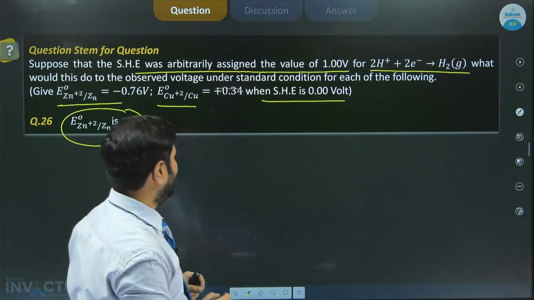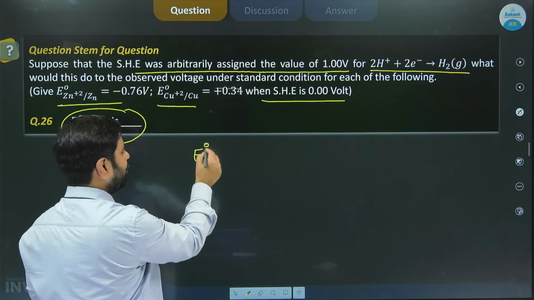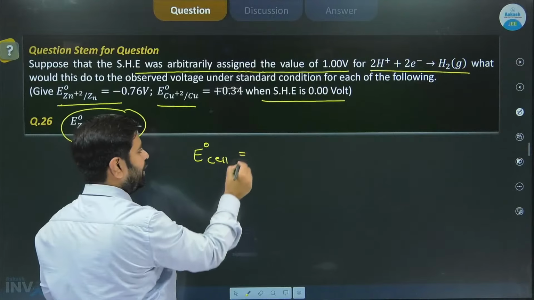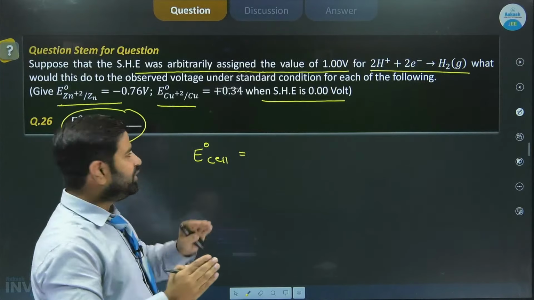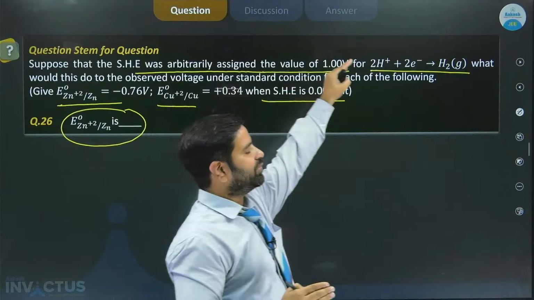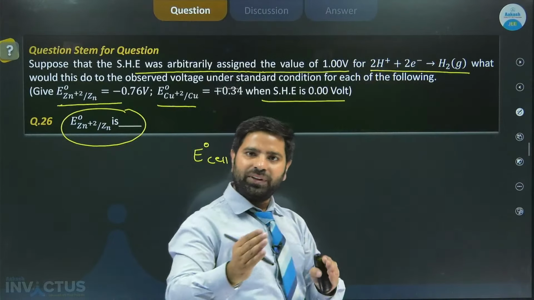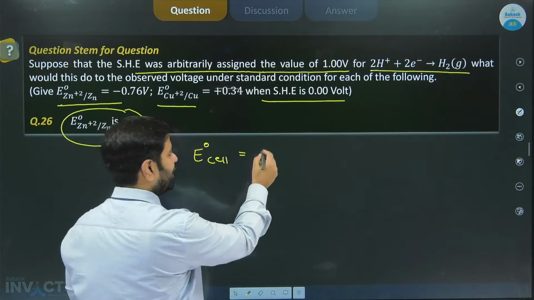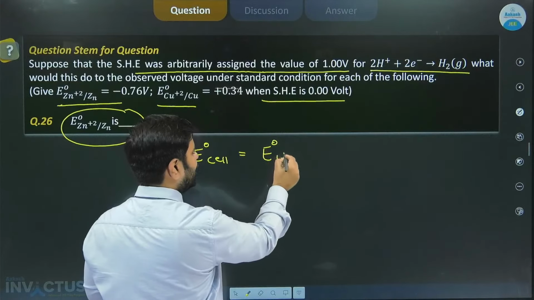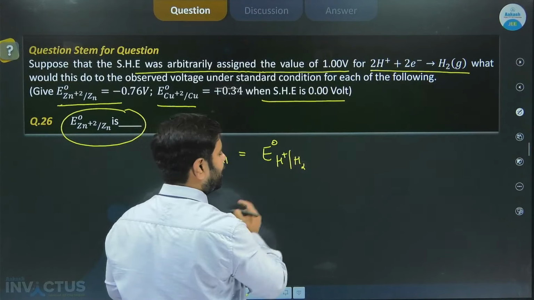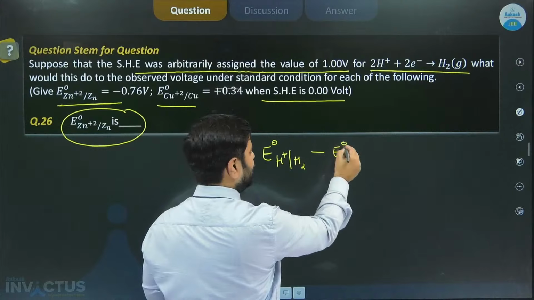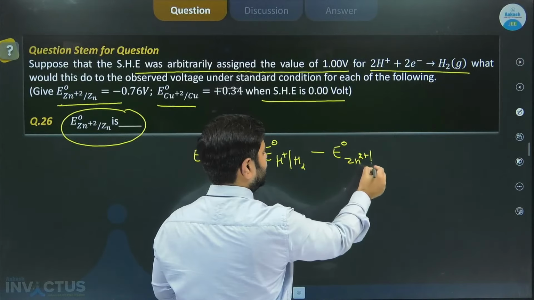Now, what is the formula for E0 cell? If we are making a cell with the Zn electrode and the standard hydrogen electrode, the formula of E0 cell is cathode minus anode: E0 of H+ standard hydrogen electrode minus E0 of Zn2+.